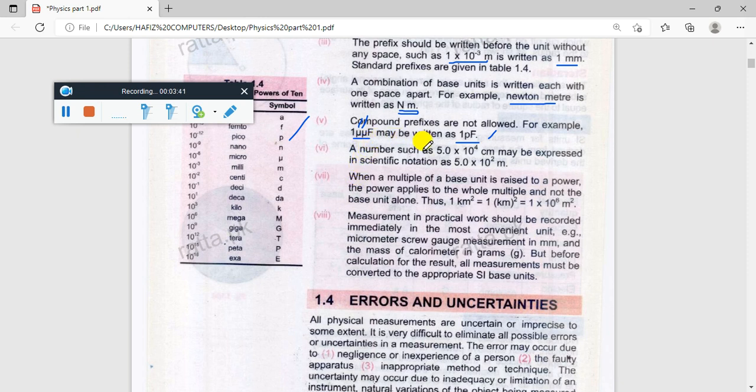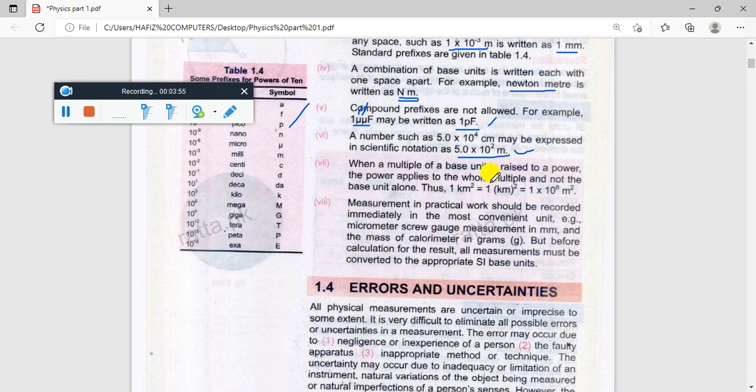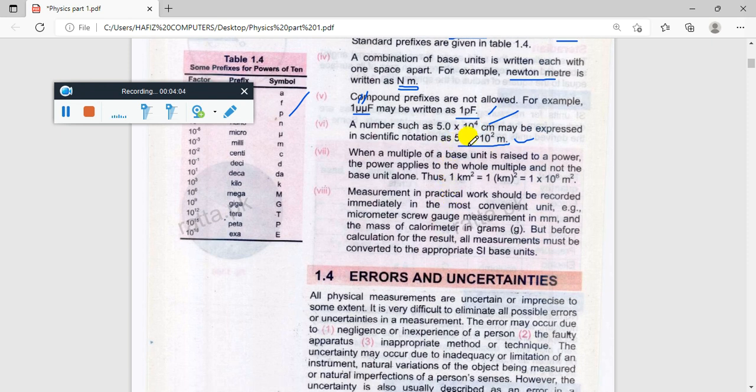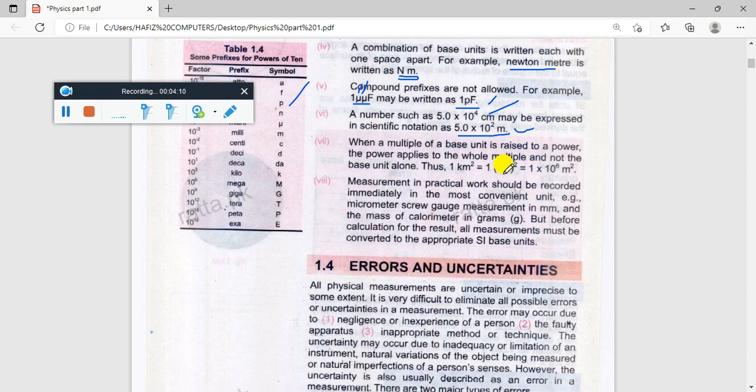A number such as 5 × 10^4 centimeter may be expressed in scientific notation as 5 × 10^2 meter, because the number should always be in SI units or the SI base units. Meter is a base unit, so we will write this in the SI base unit. When a multiple of a base unit is raised to a power, the power applies to the whole multiple and not the base unit alone.